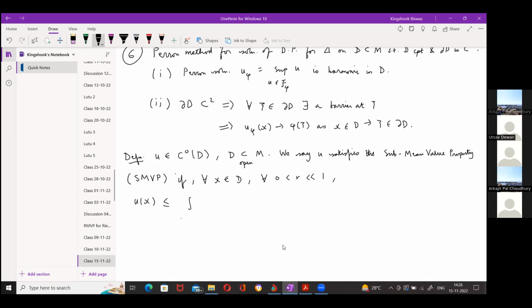So the average over the boundary of the ball of radius R around x, U of xi, d mu sub x, B(x,R).